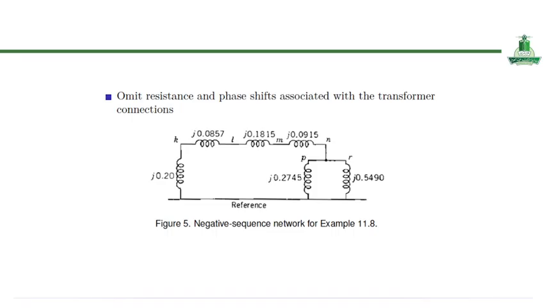In this representation, all components are modeled using their negative sequence reactances, and the system is simplified by omitting resistances and any phase shifts introduced by transformer connections. So this assumption is commonly made because reactance dominates system behavior during fault conditions, allowing for more straightforward analysis.